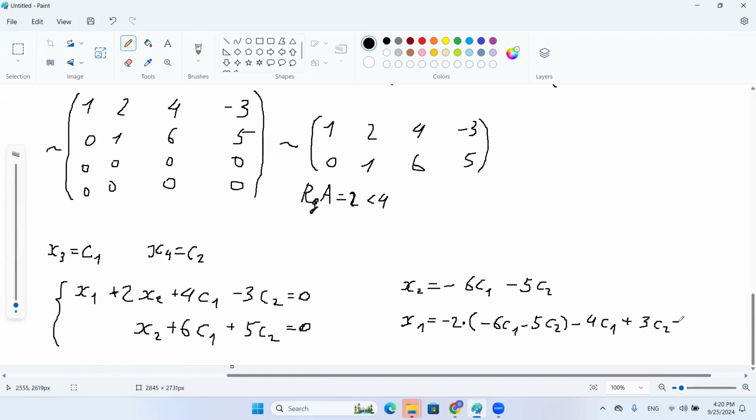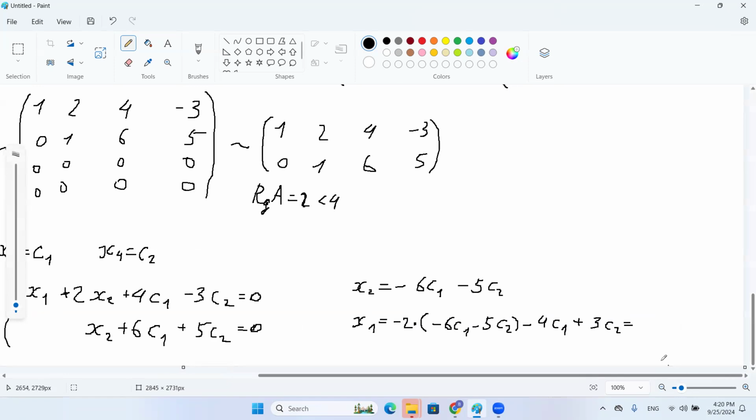Now let's simplify it. So 12c1 minus 4c1, 8c1. And 10c2 plus 3c2, 13c2.